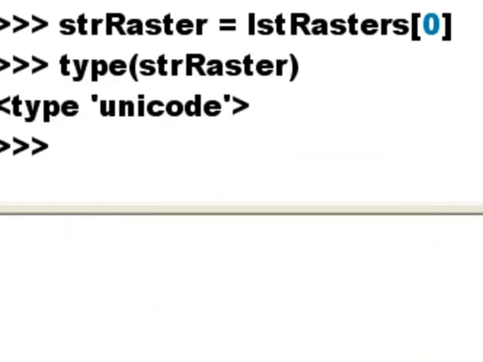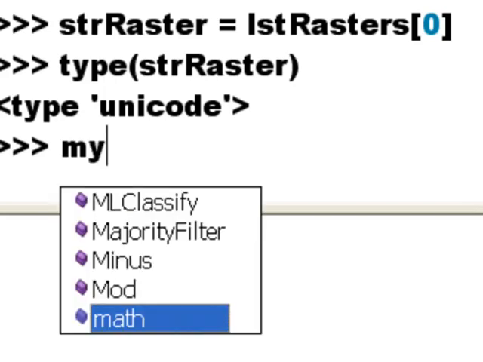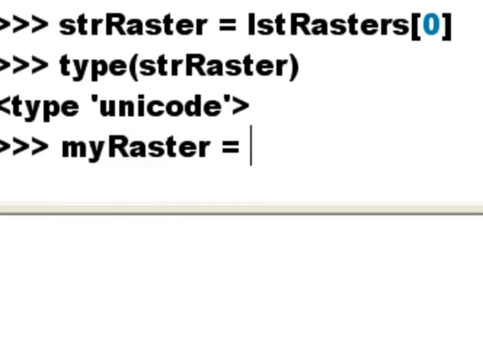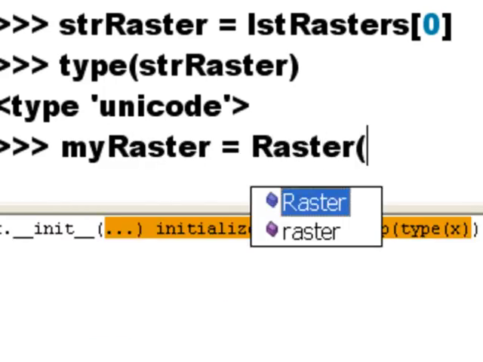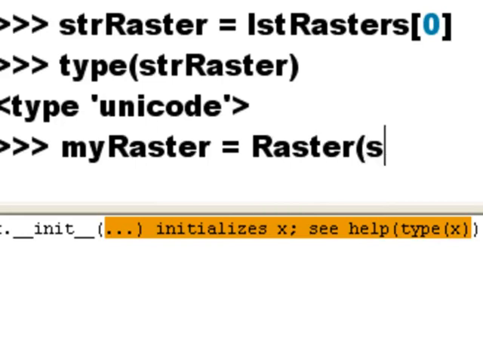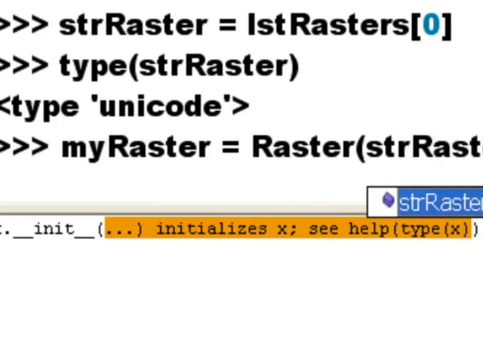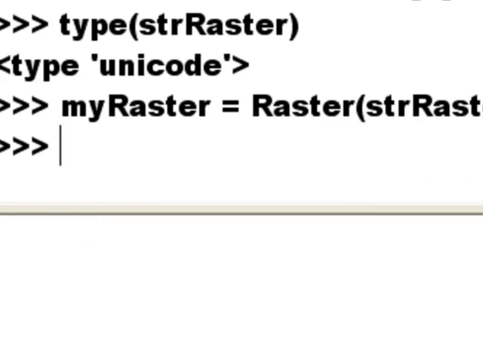So it is a Unicode string. So now we could basically tell the Spatial Analyst extension that this is actually a raster. So we would say my raster, whatever you want to call it, is equal to Raster, and then the name of the raster. So now we've got a raster object.